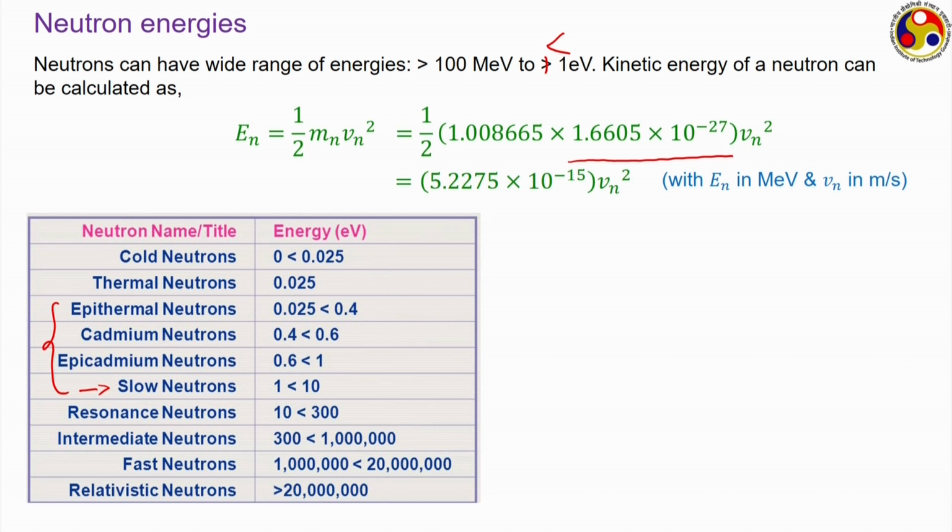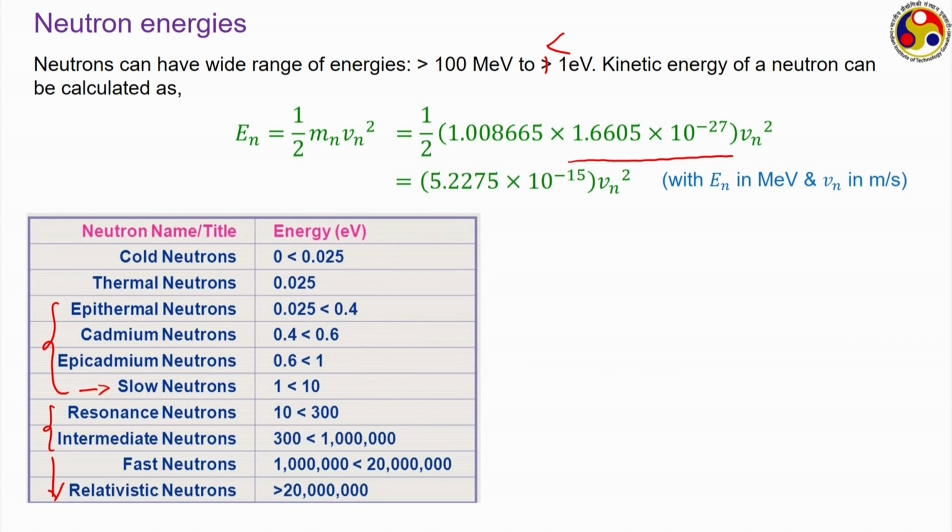Anything having energy greater than 1 mega electron volt can be called fast neutrons, and something in between can be called intermediate, that is from 10 electron volt to something like 10 to the power 5 or 10 to the power 6 electron volts. So, basically we are classifying neutrons into 3 categories: slow, intermediate and fast.